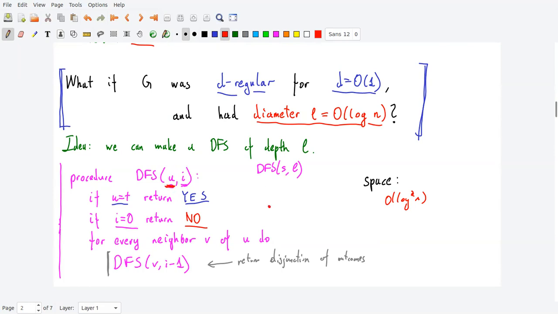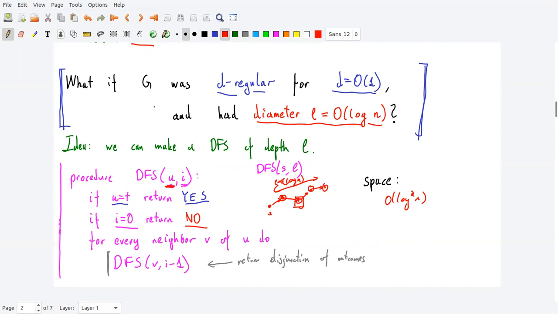The first DFS call will need to remember the initial vertex S, then the first recursive call will need to remember the vertex it is applied on, and so on. The whole recursion will result in a stack of depth log n, with internal data for every recursive call.